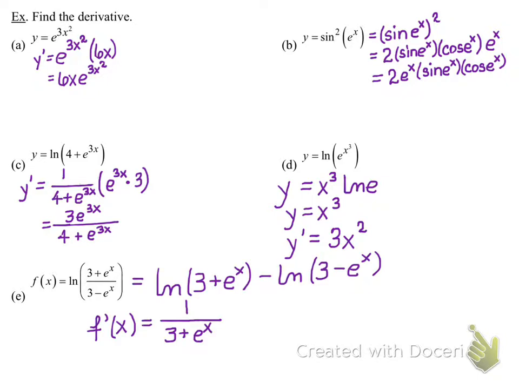So we're looking at the derivative of the natural log of 3 plus e to the x, which would give us 1 over 3 plus e to the x, all times the derivative of the thing that we're taking the natural log of, minus 1 over 3 minus e to the x, and then we need to take the derivative of 3 minus e to the x, which would give us negative e to the x.